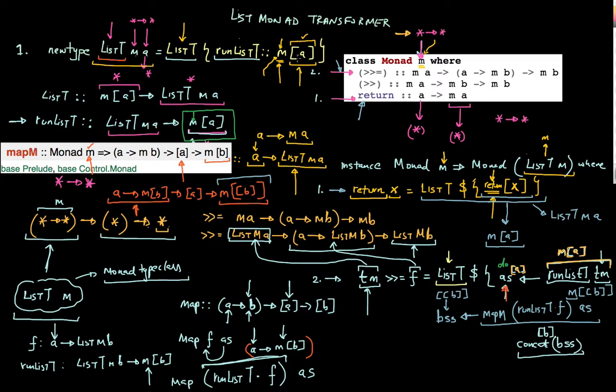Okay, so I've got this part done. I've got my list of B's right there. This piece is done here. So if you remember again, I'm trying to create a value of list t of m of b. I've already got my list of B's here, but all I need now is this monad m there. If I call return, this is the implementation of return in whatever this monad m is.